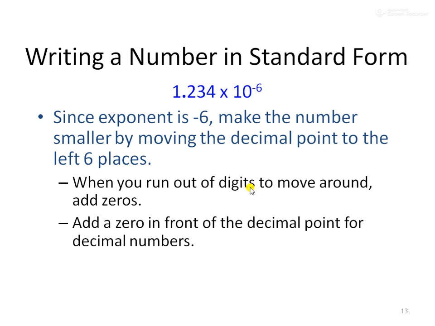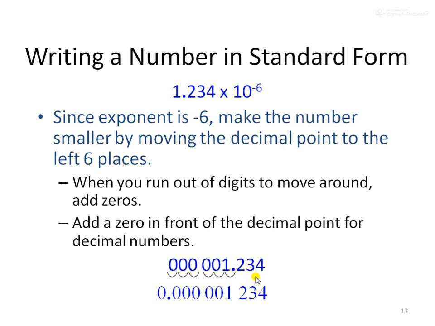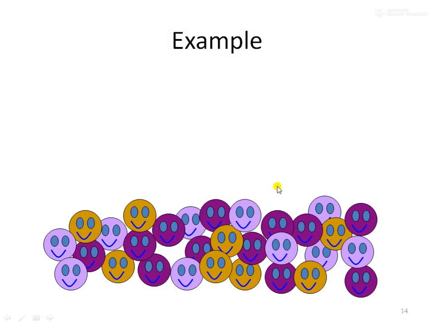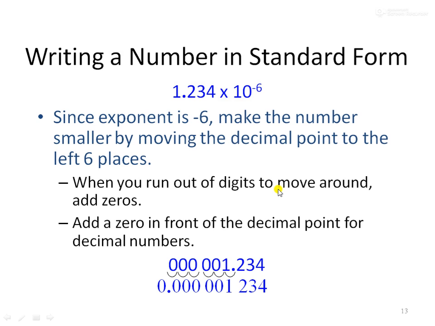When you run out of digits to move around, add zeros, and add a 0 in front of the decimal point for a decimal number. So in this case it will be shown like this. You write the zeros because you have to move this decimal by 6 places, and the answer comes out written in the standard form. So this is the exponential form and this is the standard form.